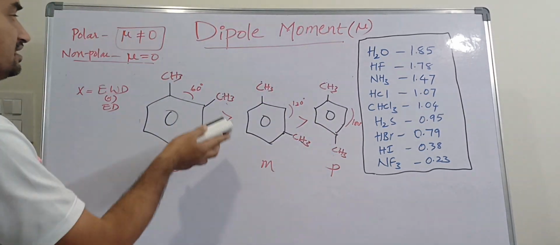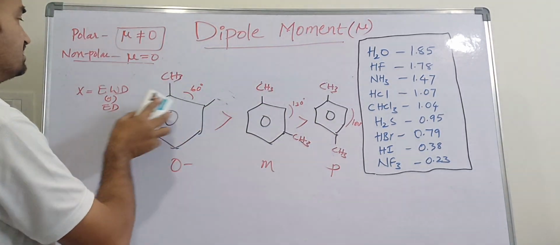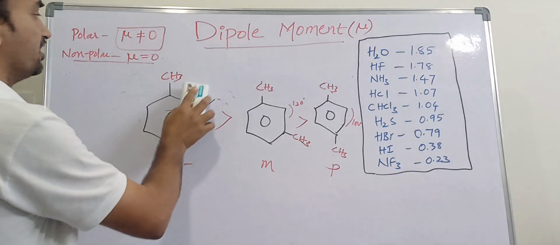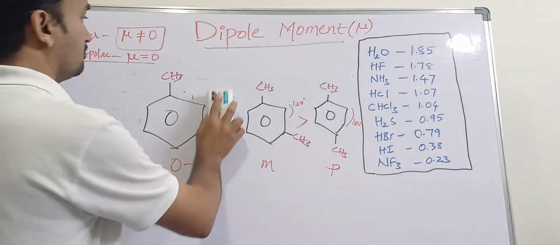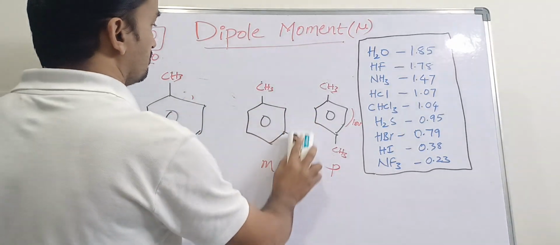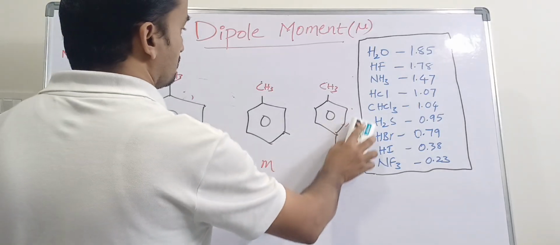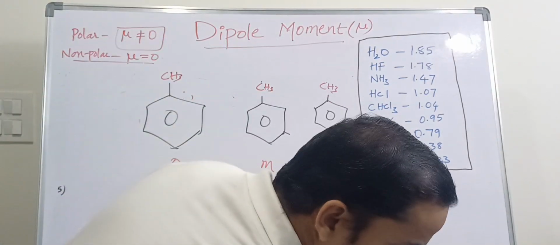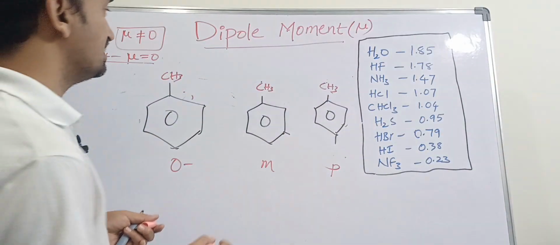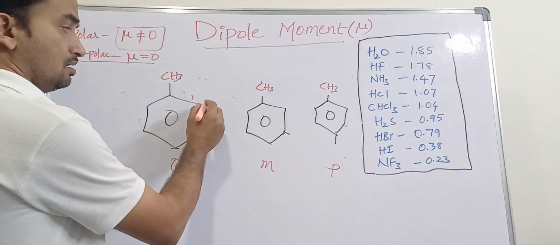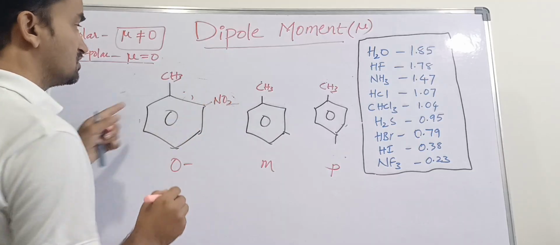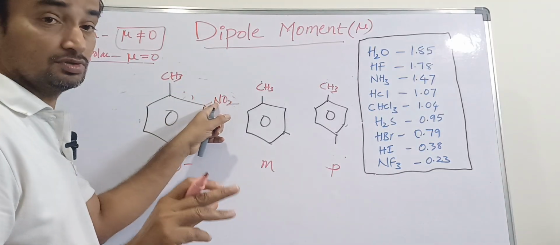But now suppose one is X and the other one is Y. That means two are of different groups. For example, say here it is an NO2 group. So one electron donating, one electron withdrawing.